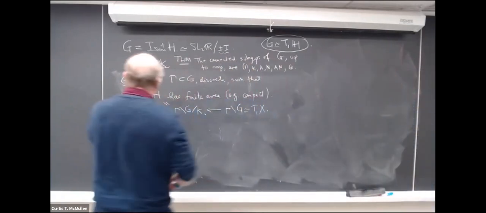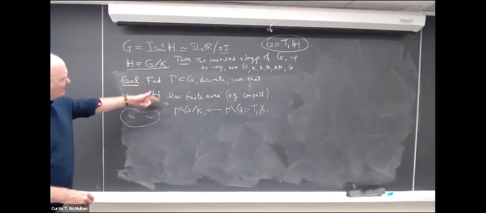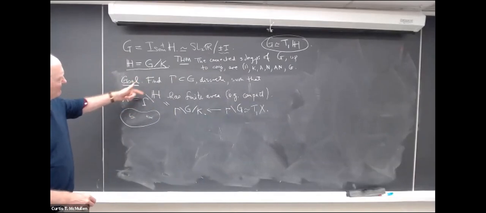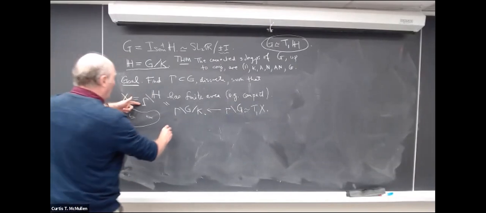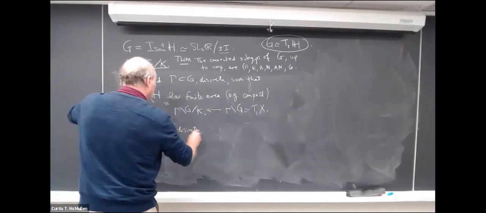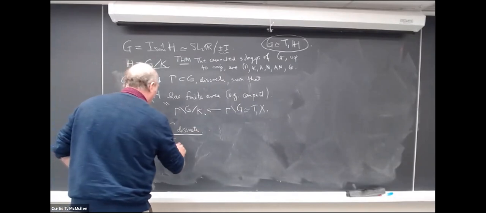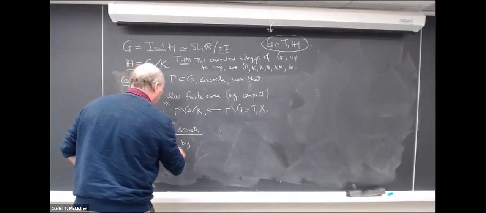Okay, so what properties does gamma have to have? Well, first, it needs to act properly discontinuously on H. So we want gamma to be discrete. And then, to make the quotient fairly small, we want gamma to be big, a large group.